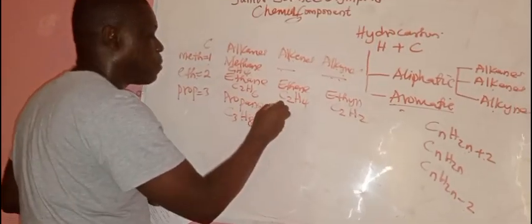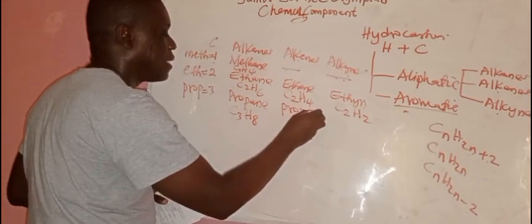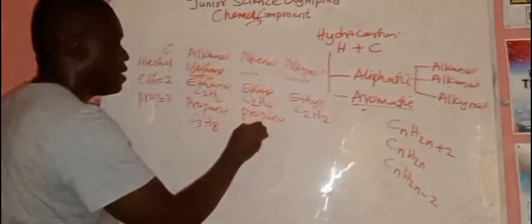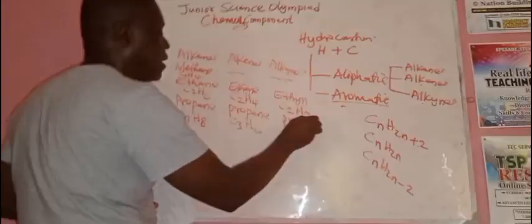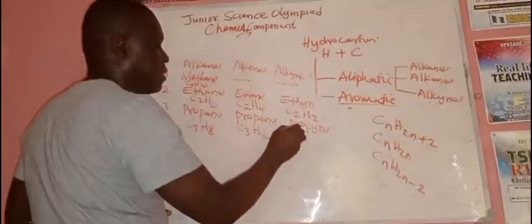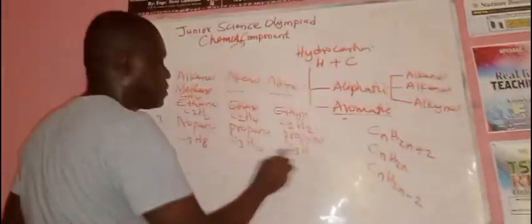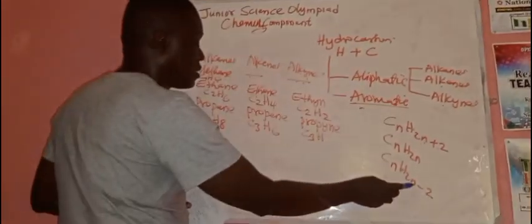This one is propene, C3. 2 times 3 is 6, so H6. This one will be propyne. What is this? C3, H what? What is 2 times 3? 6 minus 2, that's 4. Did you see that?